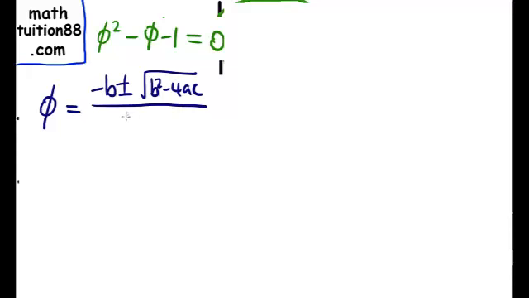Next, let's see what we can do with this equation. This equation is a quadratic equation, so we can use the quadratic formula. The solution to this equation is minus b plus minus square root of b squared minus 4ac over 2a, which, if you recall, is the quadratic formula.